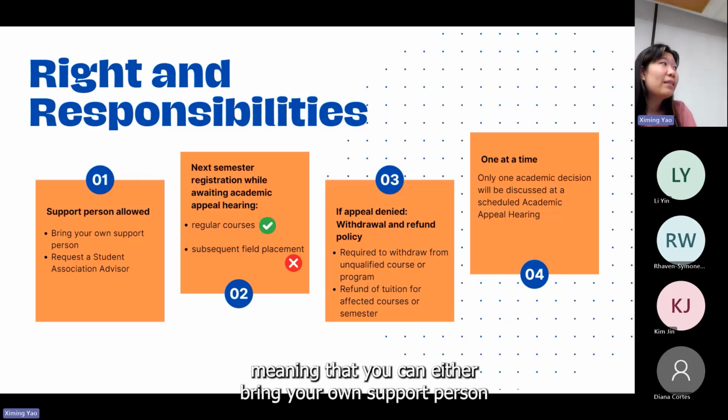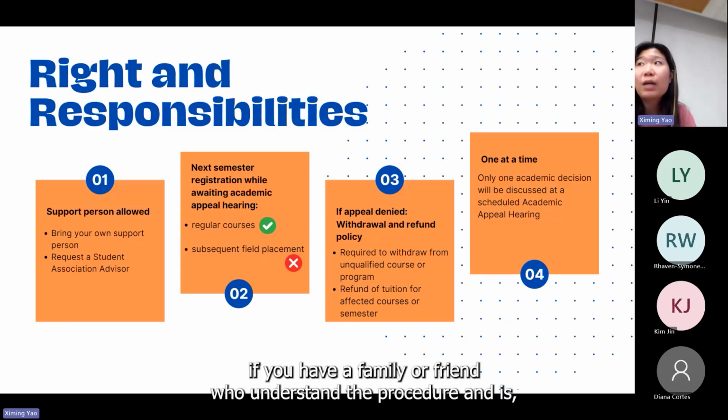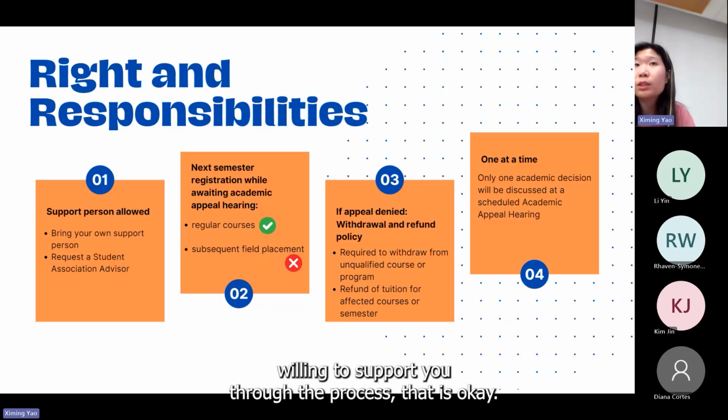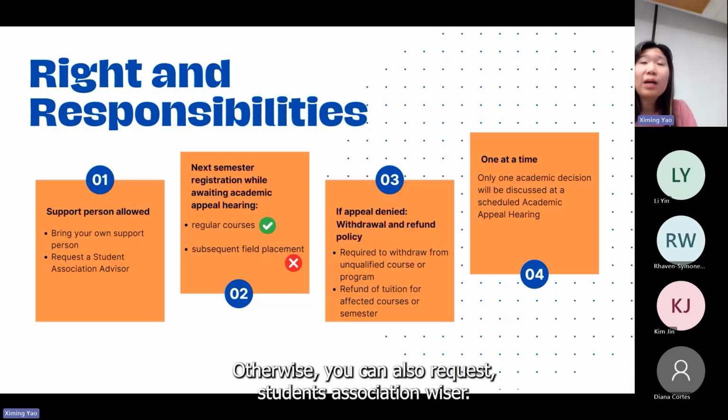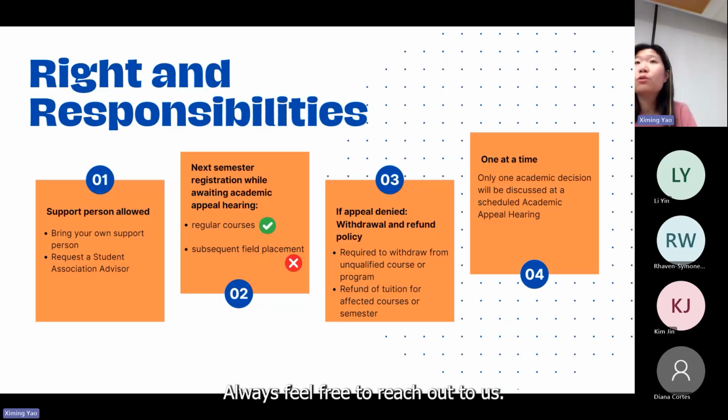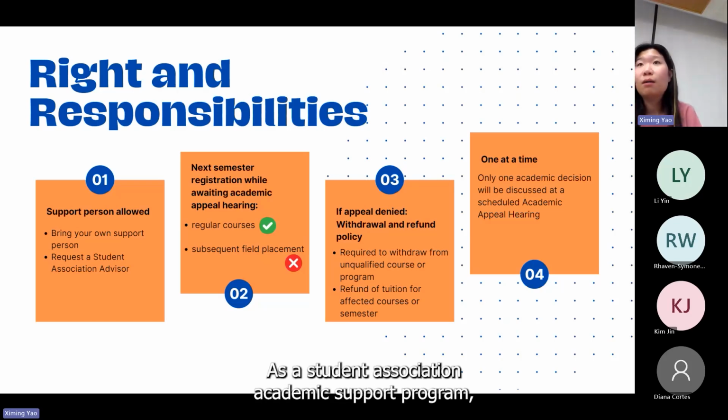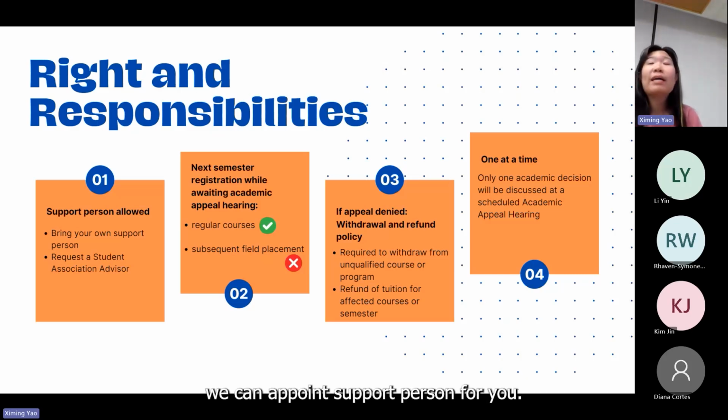Meaning that you can bring your own support person, if you have a family member or a friend who understands the procedure and is willing to support you through the process, that is okay. Otherwise, you can also request a student association advisor. Always feel free to reach out to us at the Student Association Academic Support Program. We can appoint a support person for you.